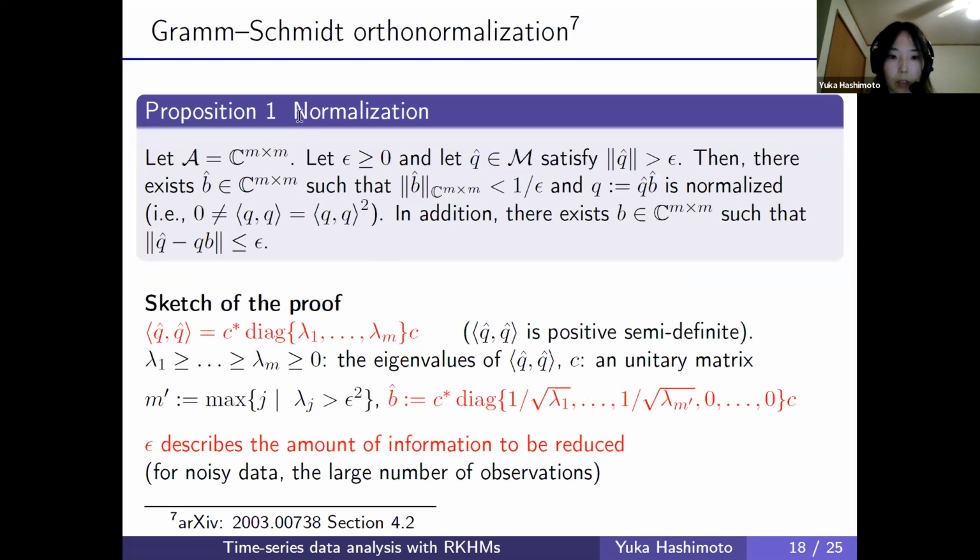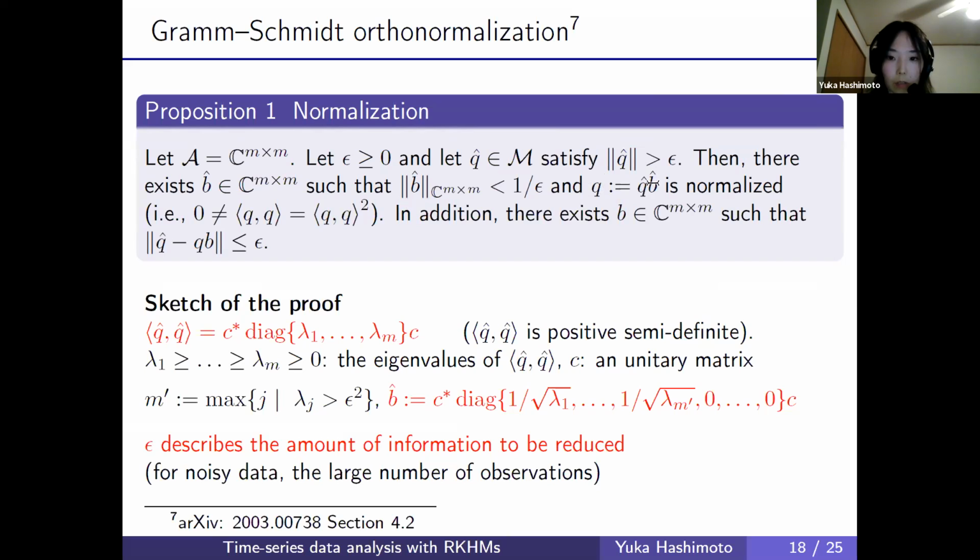So we first explain normalization. And in our case, the positive definite kernel is a matrix valued one. So we consider the case A equals the space of matrices. And let Q hat be a vector we want to normalize. And then there exists a matrix P hat, which can be multiplied from the right to Q hat, and Q hat P hat is normalized.